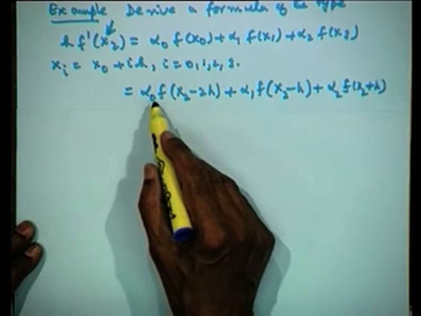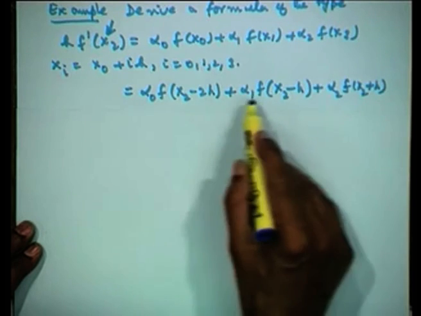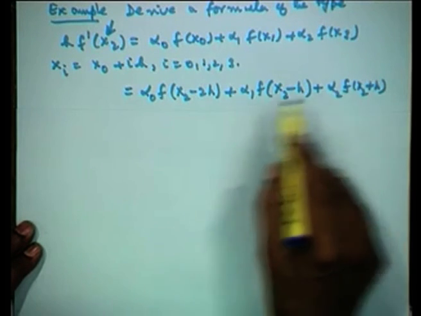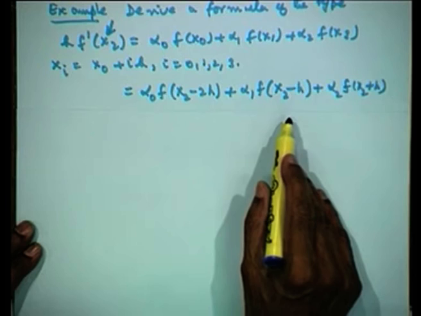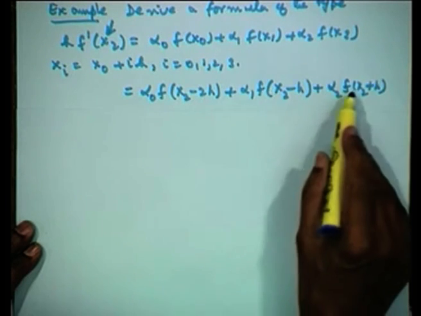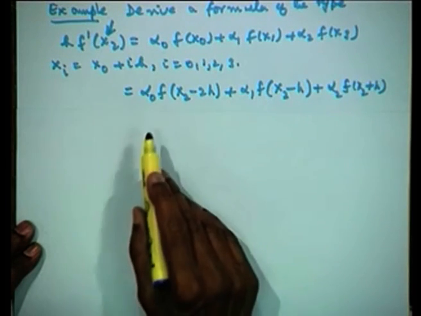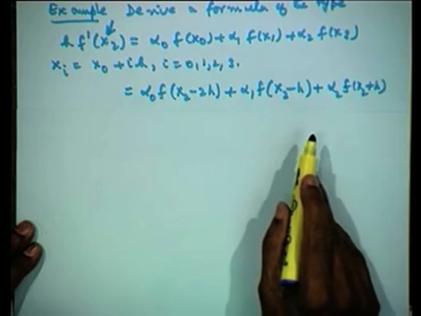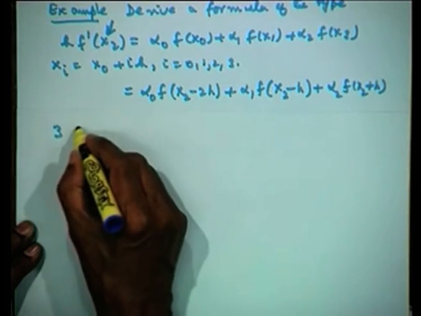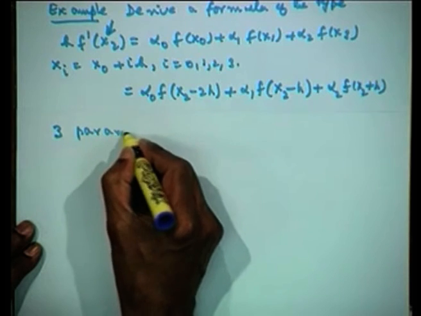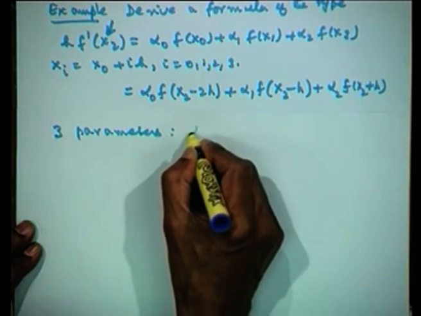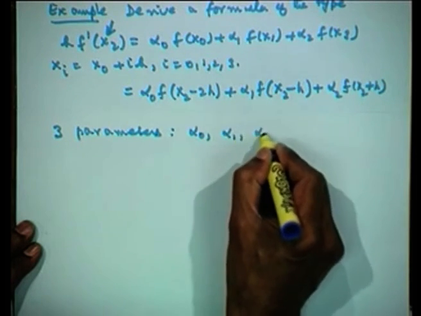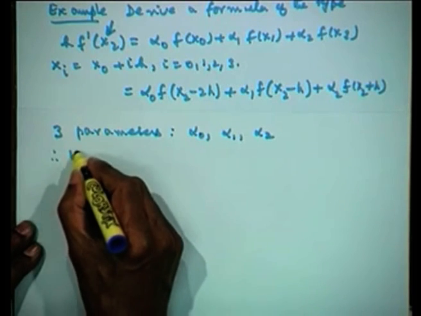Now, I have 3 parameters here, alpha naught, alpha 1, alpha 2. Therefore, I need 3 equations to determine them. So, I write the Taylor expansion and compare the constant term, the order of h terms and the order of h square terms, because there are 3 parameters to be determined.